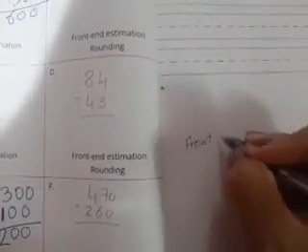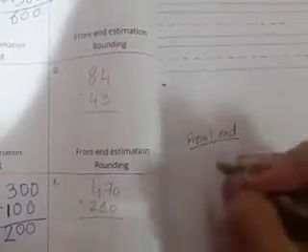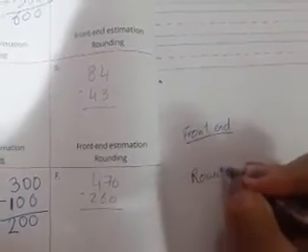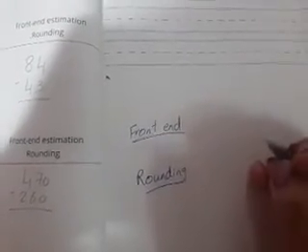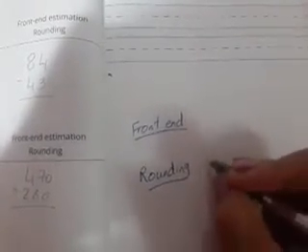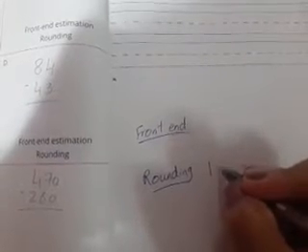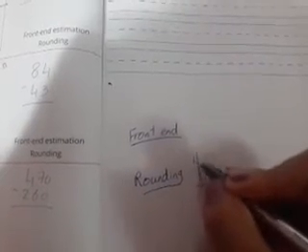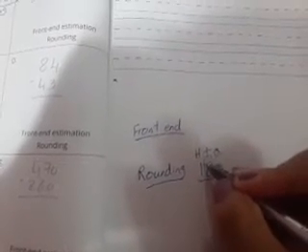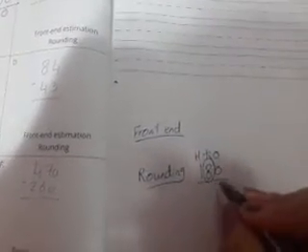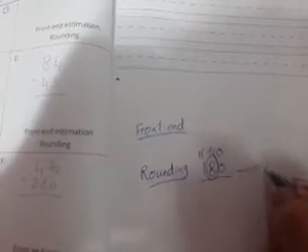Okay, so let me give you a hint about the front-end estimation. Estimation and rounding. Okay, for the number, maybe 180. The rounding here, like I told you in the lesson, I will write HTO, the hundreds, tens, ones, and focus on my tens, so it will be 200.